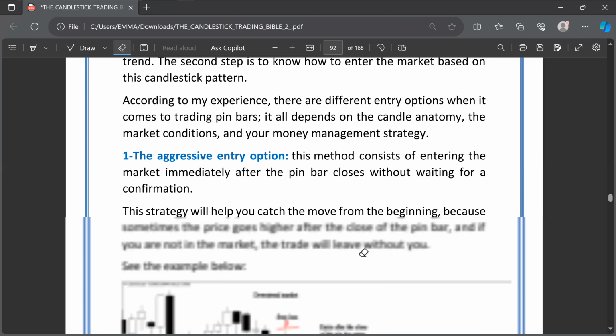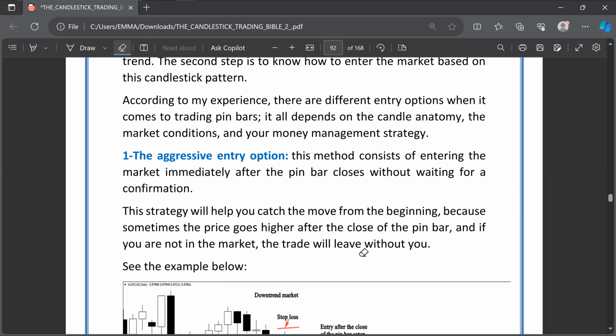That is it. Now, the aggressive entry option. I told you earlier that we have the aggressive trader and the conservative trader. The aggressive is the one who, when their setup is ready, doesn't wait for any other confluence.